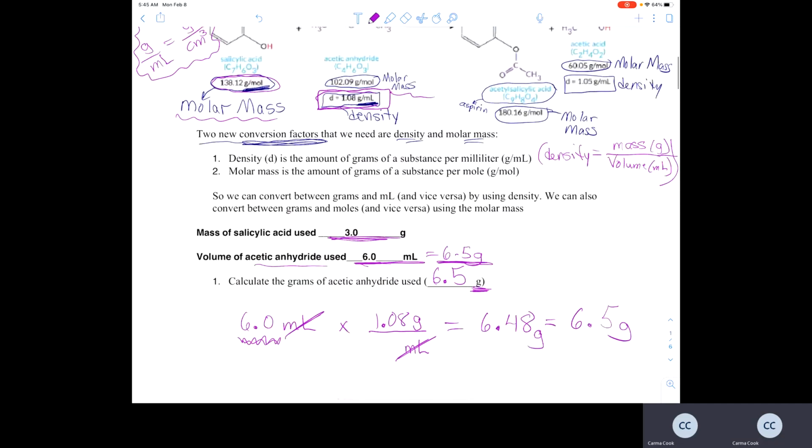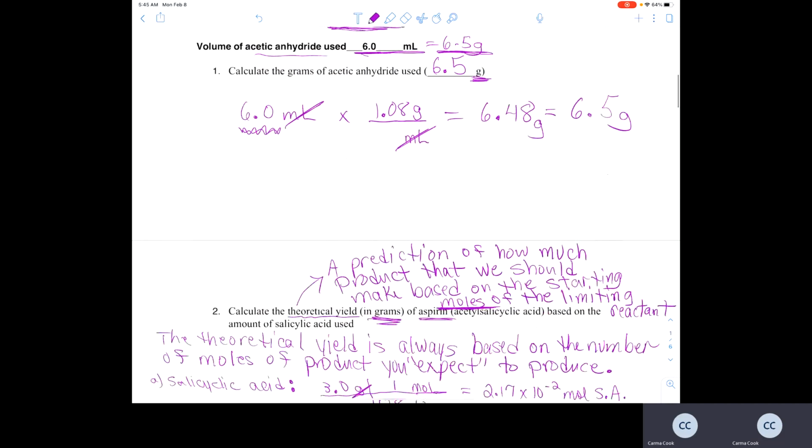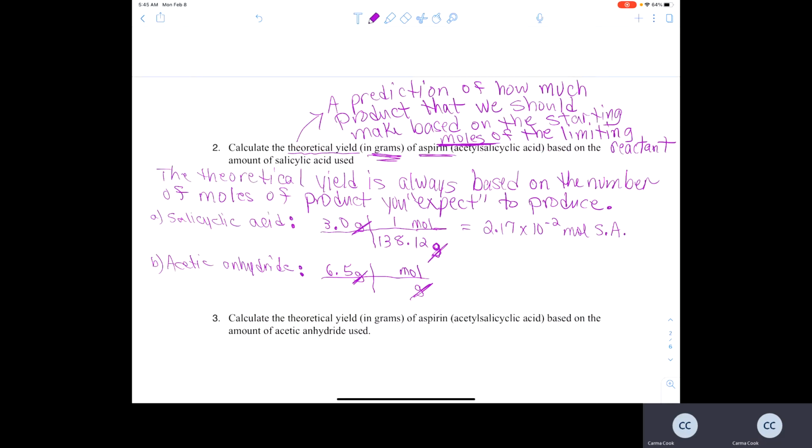And the molar mass of acetic anhydride is 102.09 grams per mole. So we do our math, 6.5 divided by 102.09. We get 6.35 times 10 to the negative 2 moles of acetic anhydride, which I'll abbreviate AA.